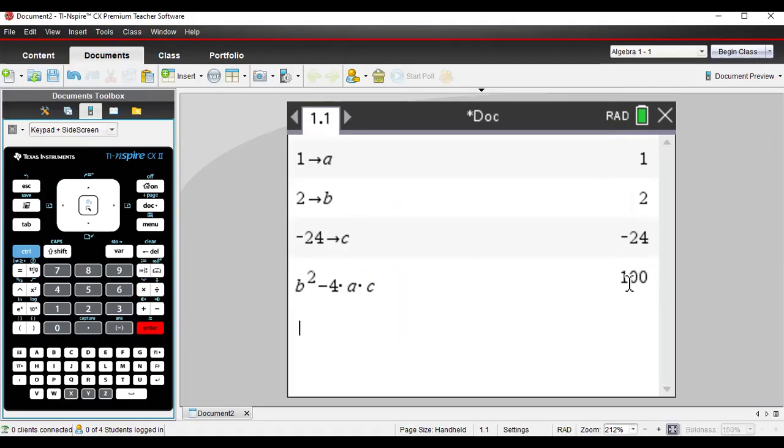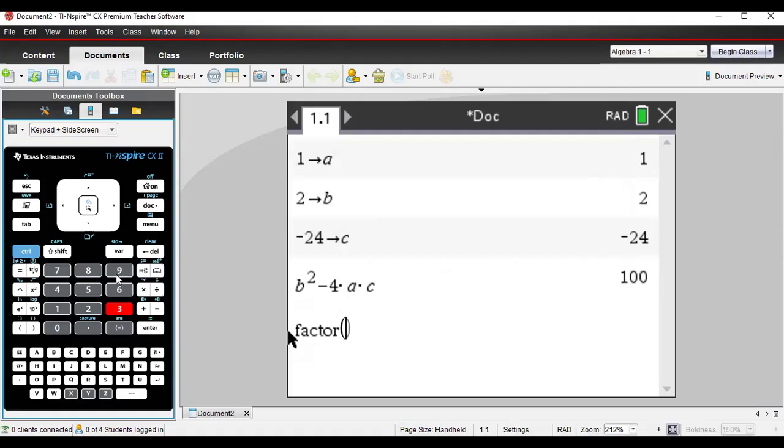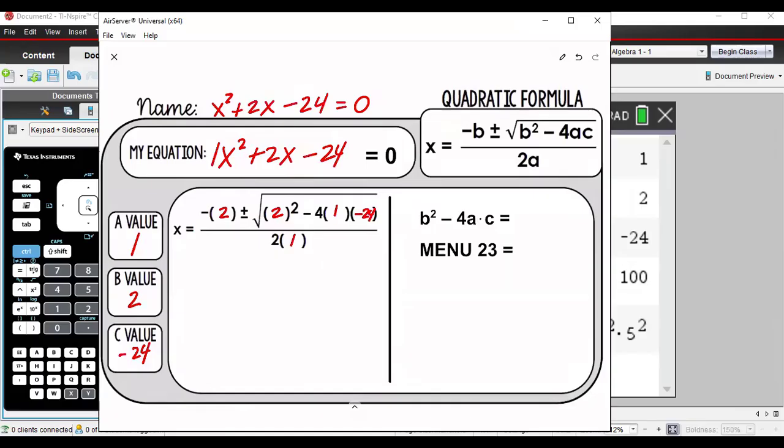So that's 100, and you should know that's a perfect square. But if you don't, we're just going to use menu 23, and then we're just going to look at the exponents. If all of the exponents are even, and they are 2 and 2, that means it's a perfect square. And if it's a perfect square, we can go straight to the calculator and find both of our rational roots. But let me show you how you should be entering it on your graphic organizer.